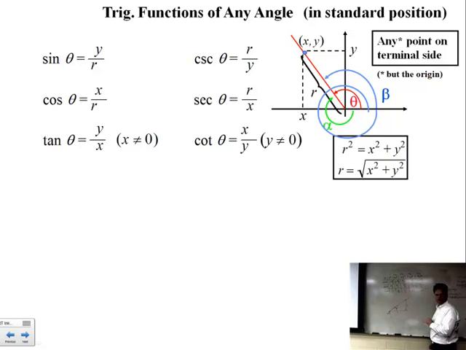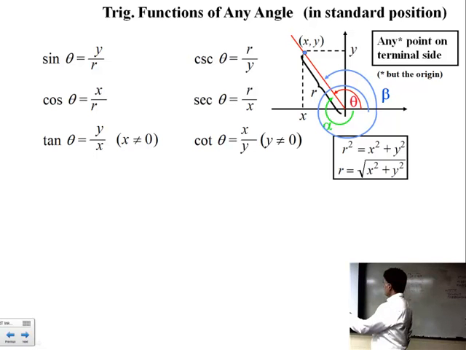Then what are the coordinates of this point? x, y. Okay. Here's what we're going to do now. Now we'll take any angle whatsoever. The terminal side will be somewhere, and we'll pick arbitrarily some point on the terminal line, call it coordinates x and y.